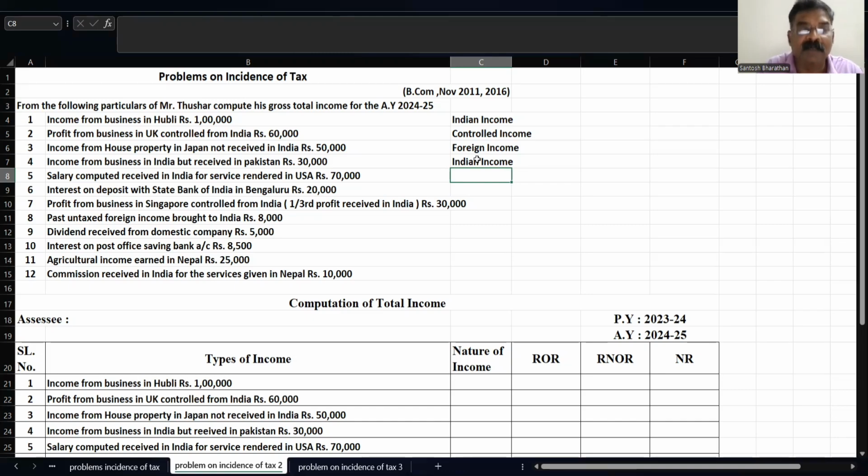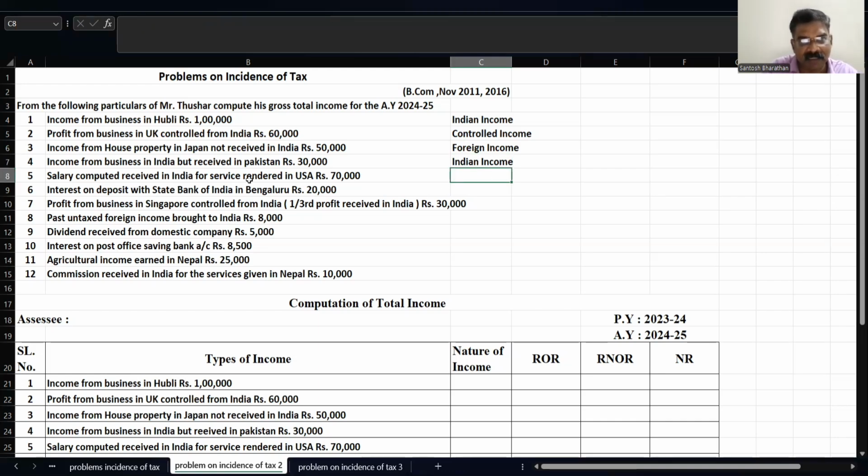As I told, the definition says any income earned, raised, received or accrued in India. If any one is satisfied, we treat that as an Indian income.